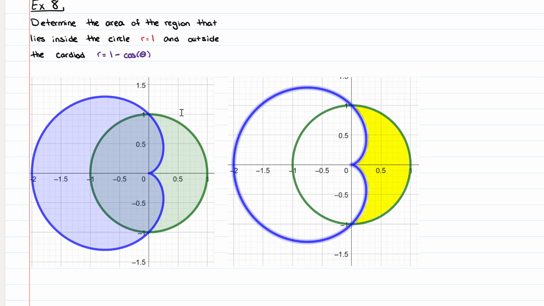The next step is to find the intersection points. So I need to find my theta values here and my theta value here. And in order to do that, we do it the same way we did with our other integration problems: we set them equal to each other and solve.